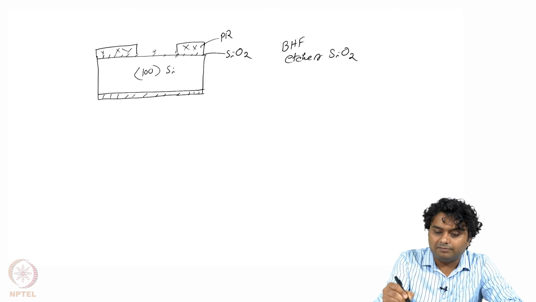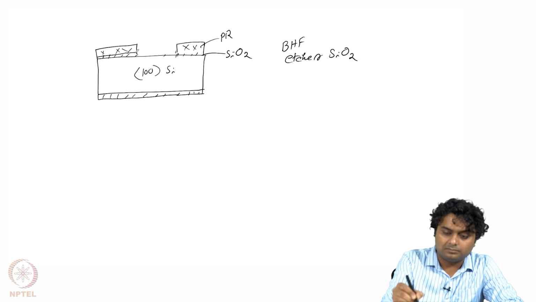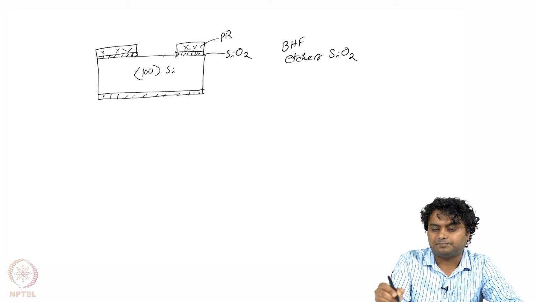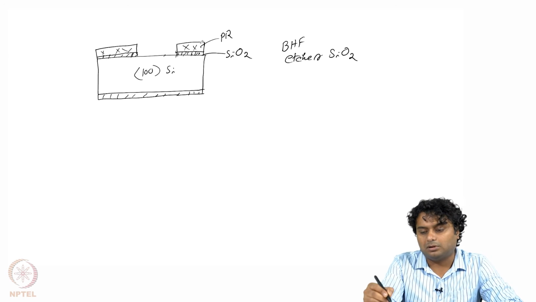So from this region the SiO2 will get etched by the HF, and on the other two sides, which are protected by PR, the SiO2 will remain.